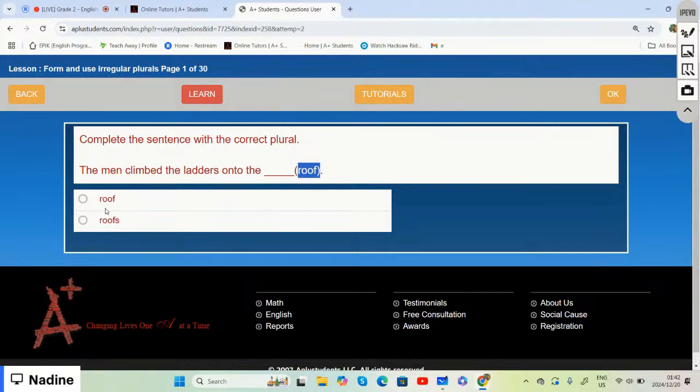If we want to say that there's more than one, which is plural, is it option one, roof, or option two, roofs? Which one is correct?